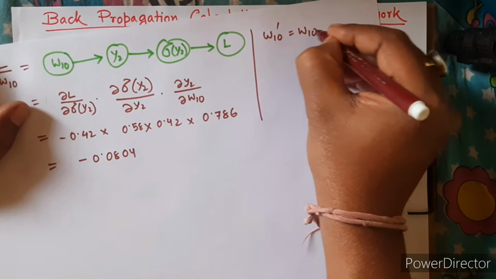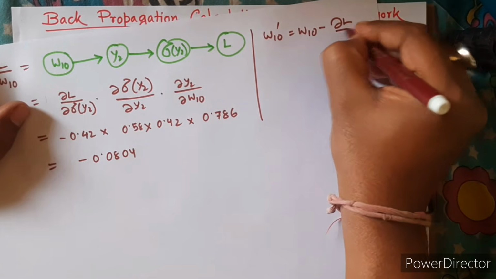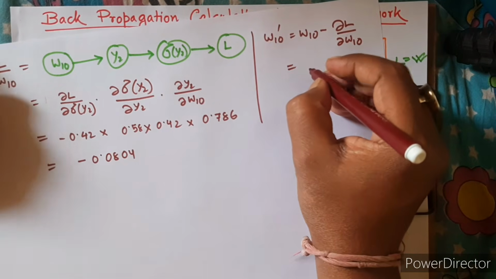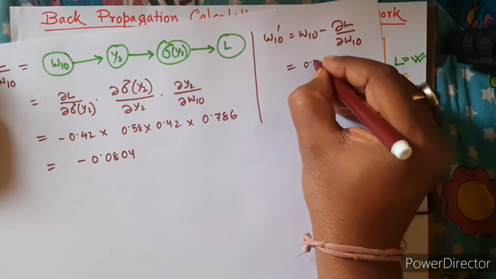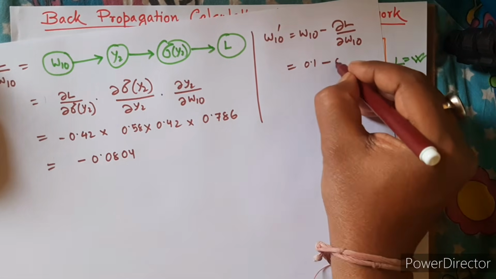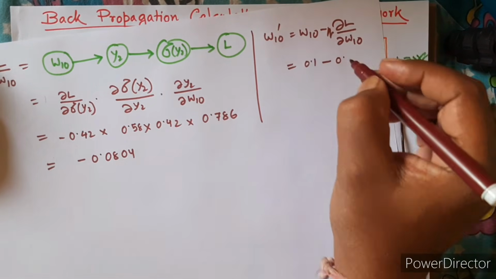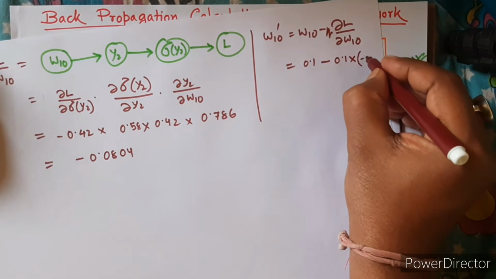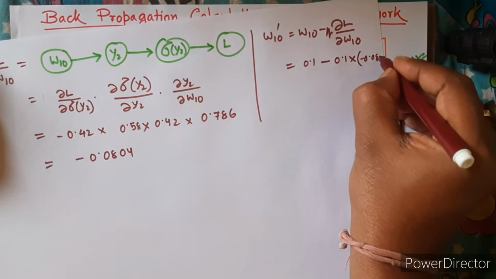So what will be the next value of W10? It is equal to W10 minus the derivative of L with respect to W10. So it will be 0.1 minus, I have forgotten the learning rate, 0.1 into minus 0.0804.